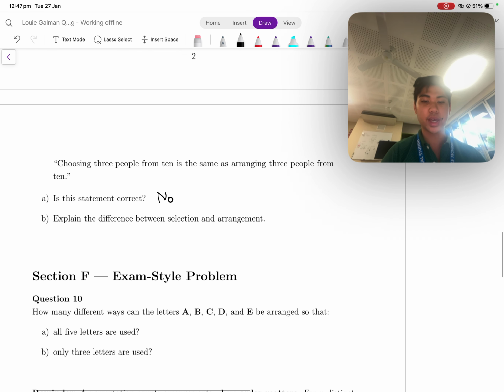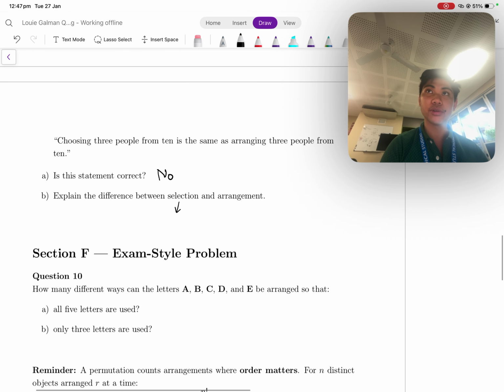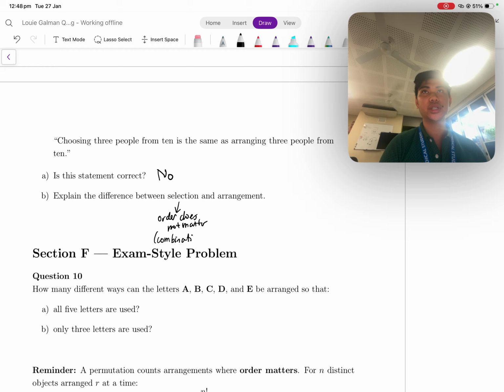Selection is where order does not matter, and in combinatorics the technical word is combinations. That's where we use our nCr.